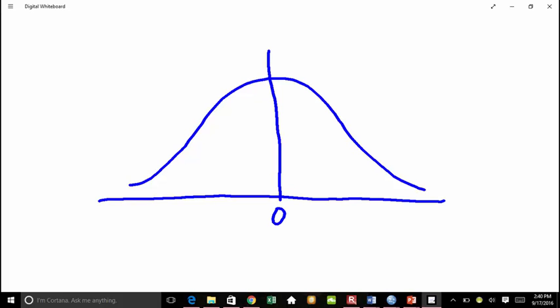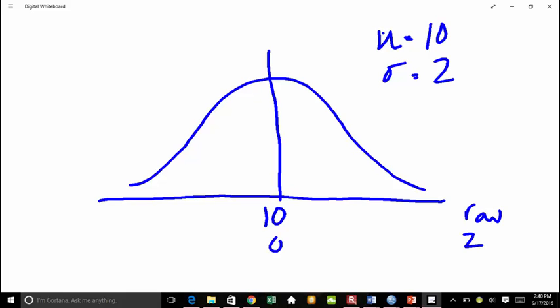The z-score starts at 0. And we're saying in this case, the mean is 10. The standard deviation is 2. So the mean of 10, I can actually put that there. These are raw scores, and z-scores, so that would be a score of 0.